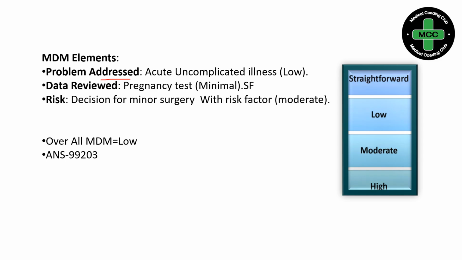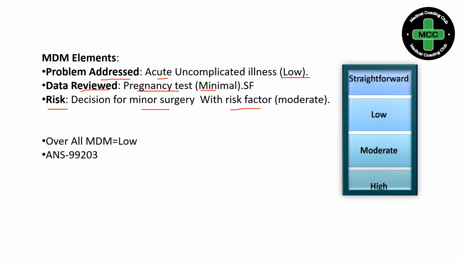Problem addressed was abdominal pain and missed period, which comes in acute uncomplicated illness. So our problem level is low. And data reviewed, in the data section only a pregnancy test was performed, so it will give you one single data point. So we are considering minimal data. And lastly, risk, decision for minor surgery with risk factor. Suspected ectopic pregnancy was there, so that is why we are considering it as an identified risk factor.